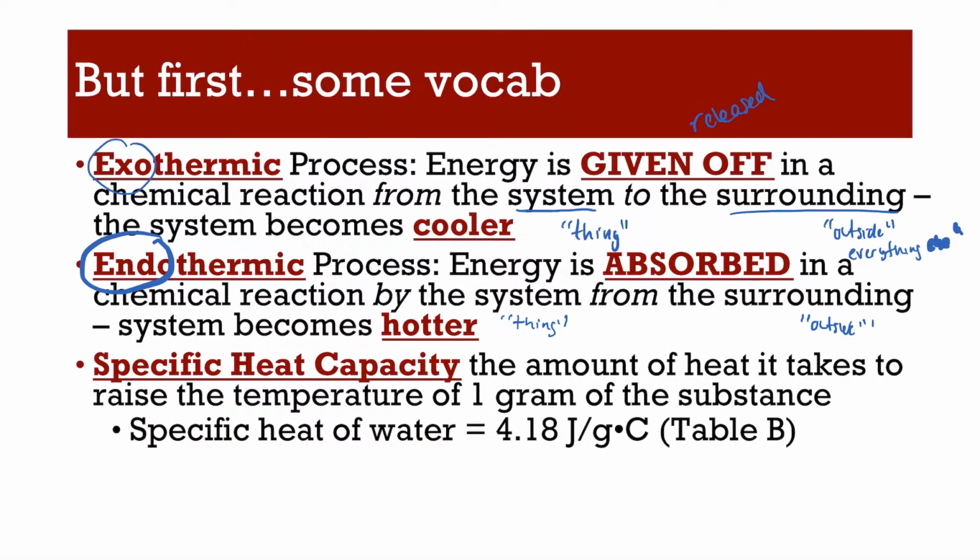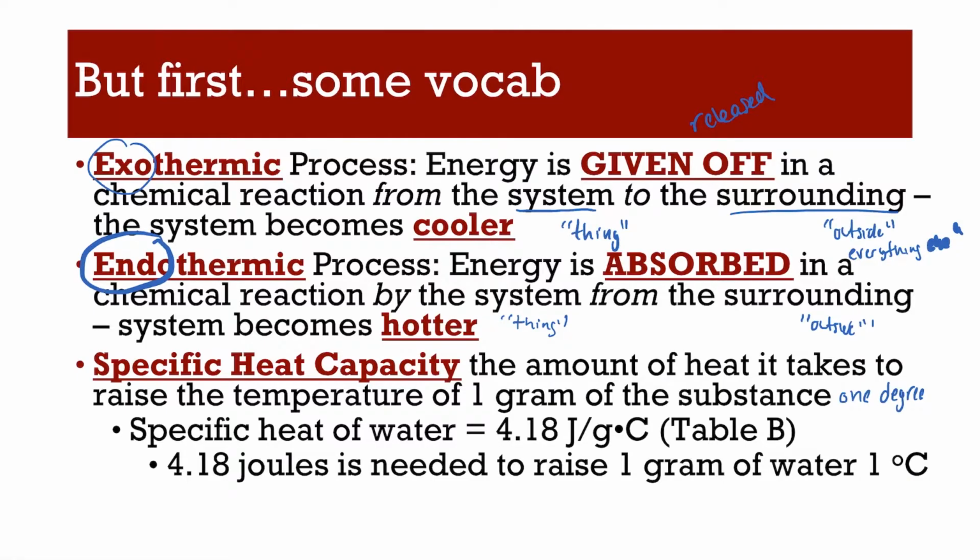And so the last thing is specific heat. So specific heat is the amount of heat it takes to raise the temperature of 1 gram of the substance 1 degree. So if we're looking at water, for example, the specific heat for water is 4.18 joules per gram degree Celsius.